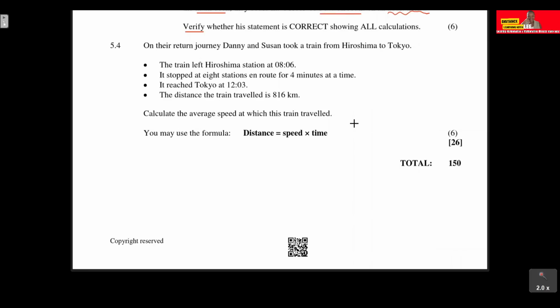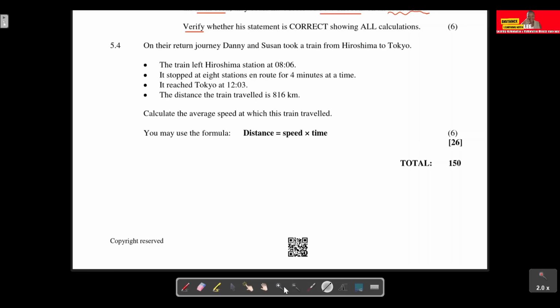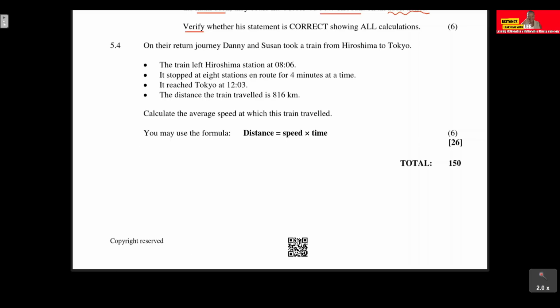5.4. In question 5.4, we're told that on their return journey, Danny and Susan took a train from Hiroshima to Tokyo.